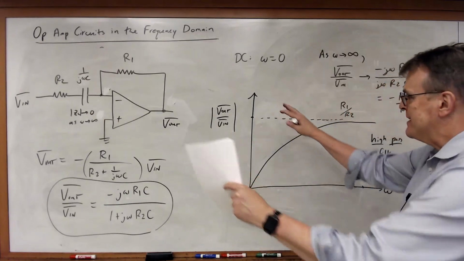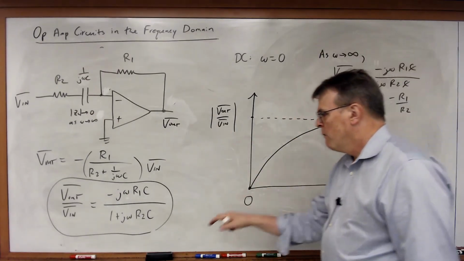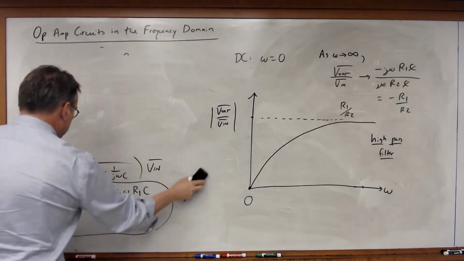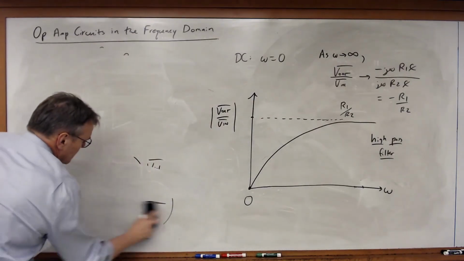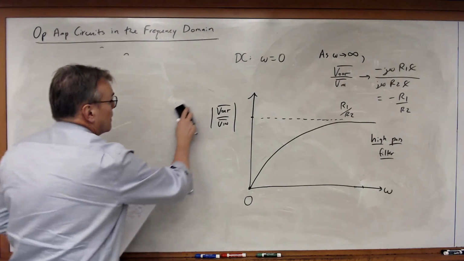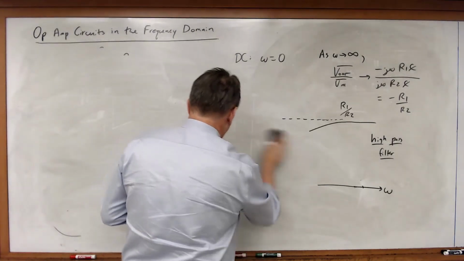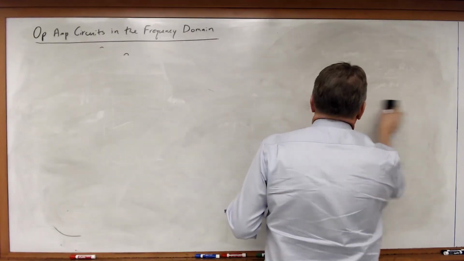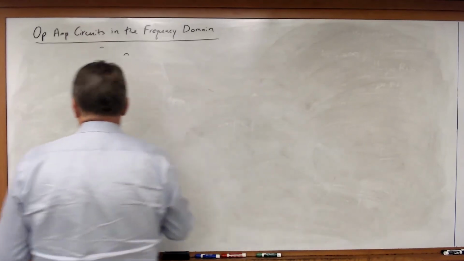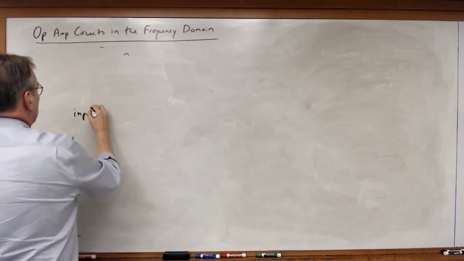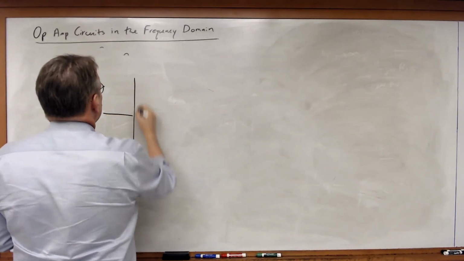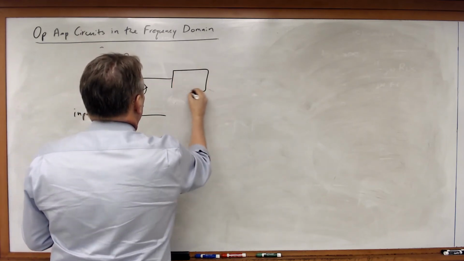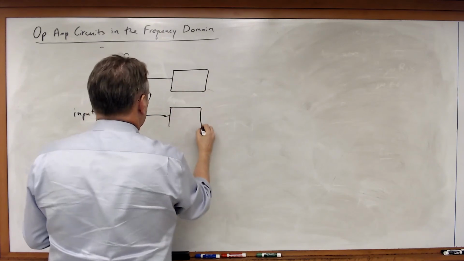Now we can extend this idea. What if we were to do something like this? What if we had a circuit like this? Here's an input, and I'm going to split it into 3 different types of filters.